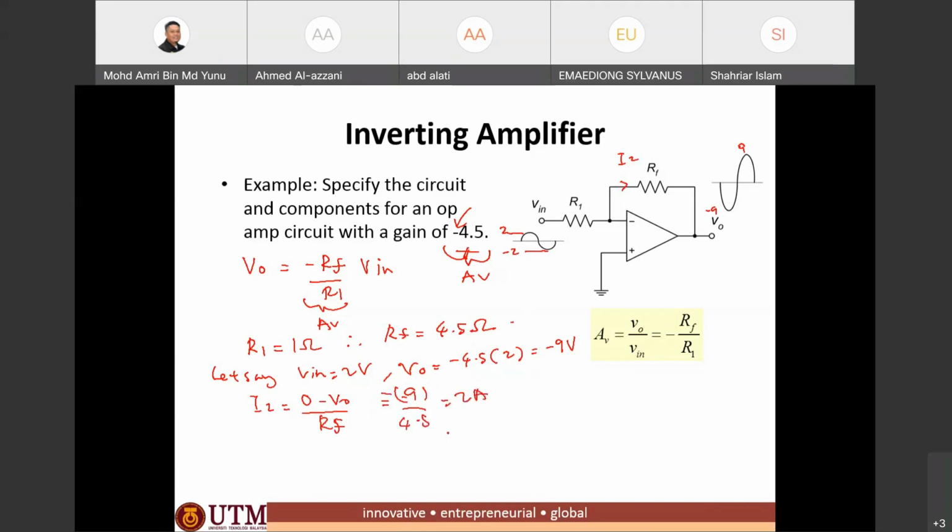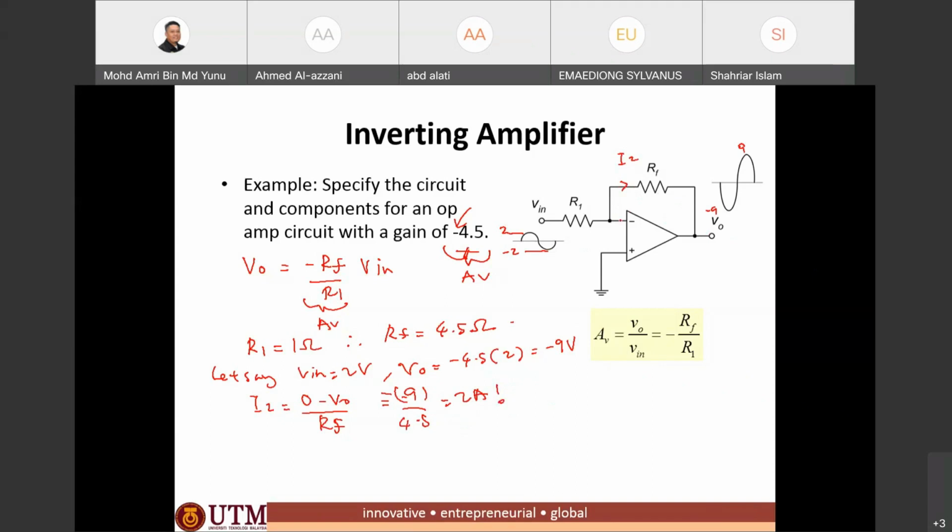So you look here, I2 is basically the current that the op amp has to carry in the feedback part here. So it is very high for an op amp.